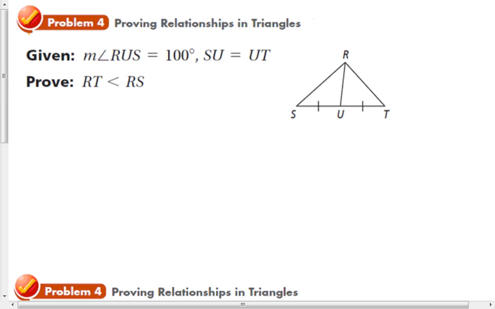All right, let's prove a relationship in the triangle using these new theorems. So we have here the measure of angle RUS is 100, and we also have that SU is equal to UT. And we're going to prove that RT is less than RS. So I'm going to start just by saying this: the measure of angle RUS equals 100. That's given.